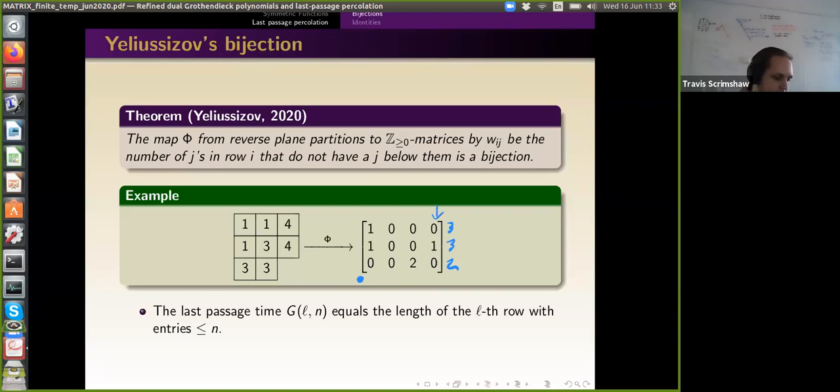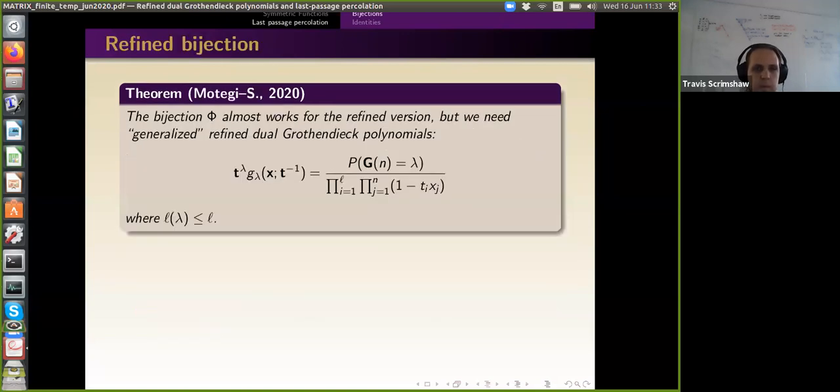And then if I get rid of this 1, I get 2, 2, 2, which is what I get when I remove the 3s. And I get 2, 1, 0, which is what I get once I remove the 3s here. And so this bijection is great.